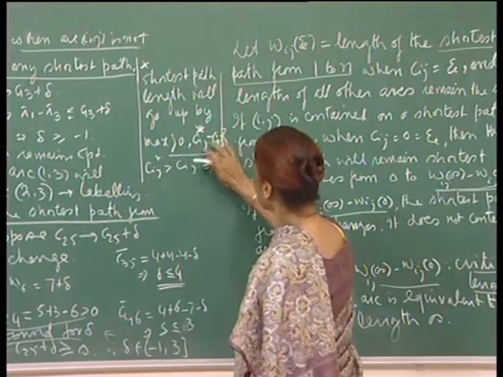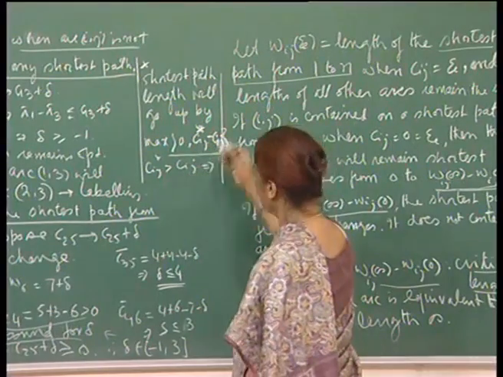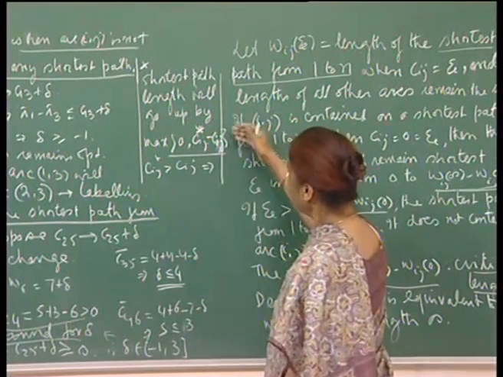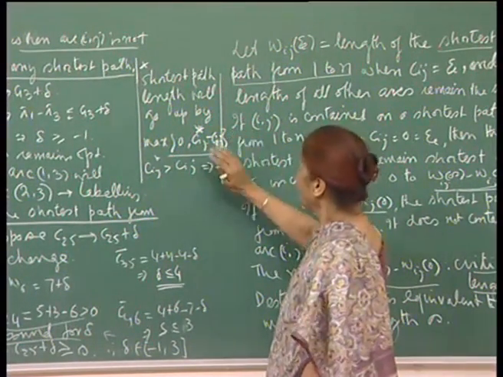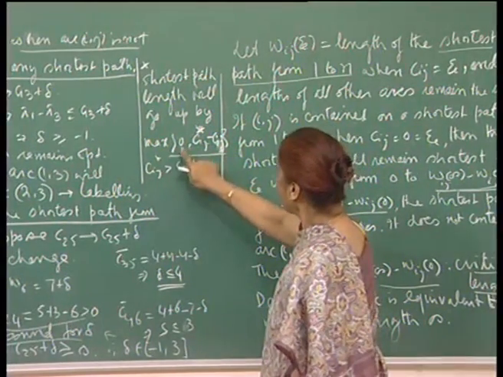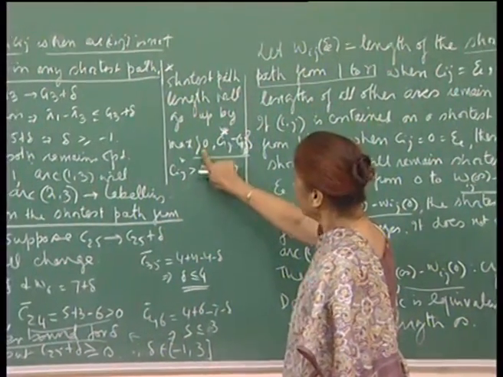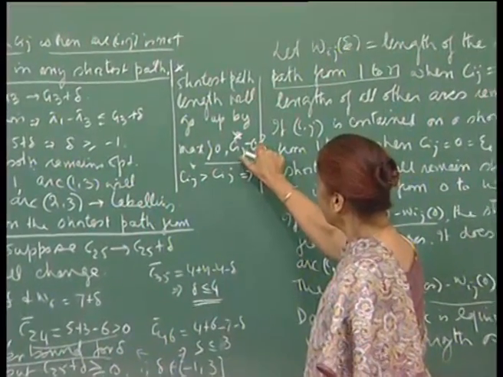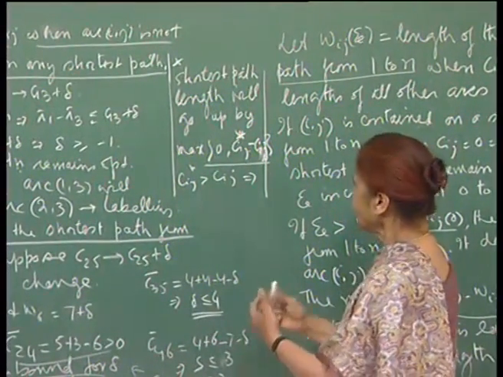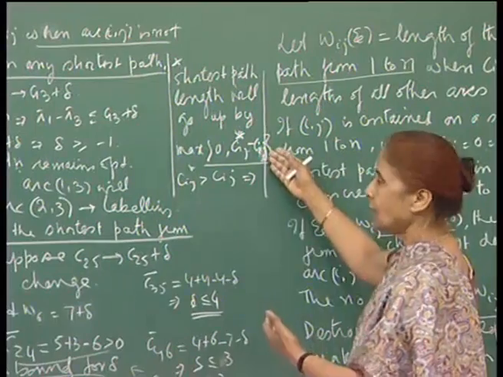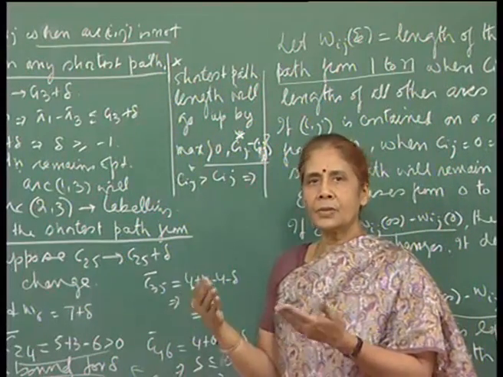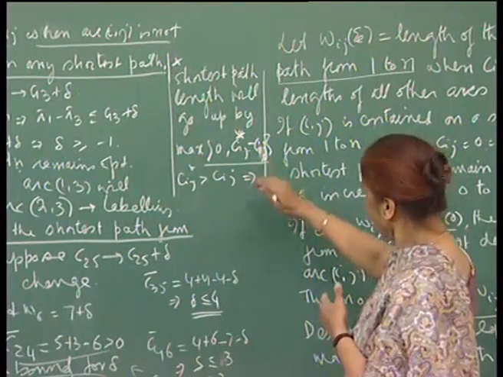See, if C_ij is less than C_ij*, then the arc ij is present in the shortest path, right, and then the max here will be this number, because 0 is less than this number, this difference is positive. So, as long as C_ij* is greater than C_ij, your arc ij can remain on the shortest path, and that will be the length.